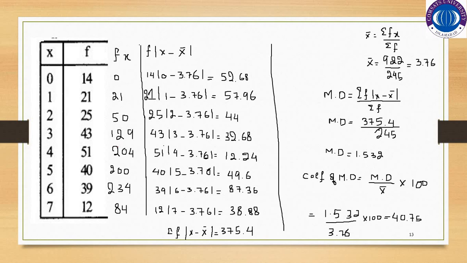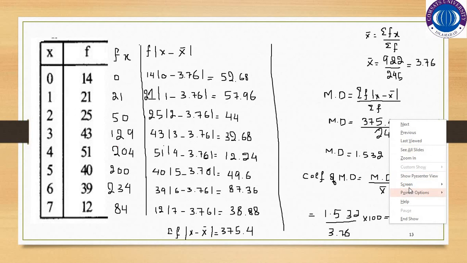So this is the way to find out the mean deviation and coefficient of mean deviation. Now, for the group data, as you can see, this is the discrete group data, as we don't have the classes here. So this is the discrete data set, and this is the frequency. Now for the purpose to find out the mean deviation, this is the formula.